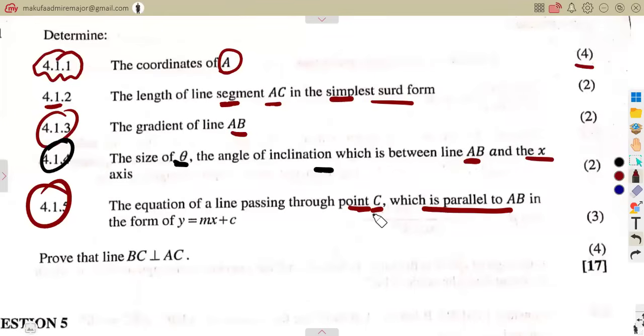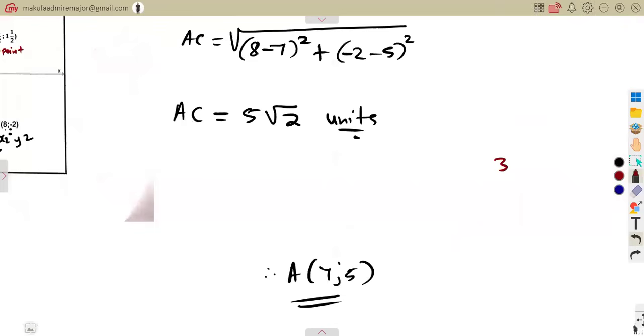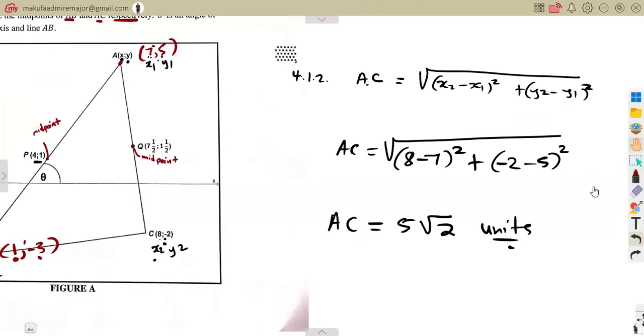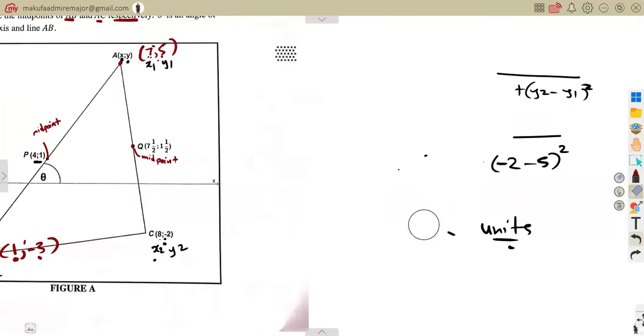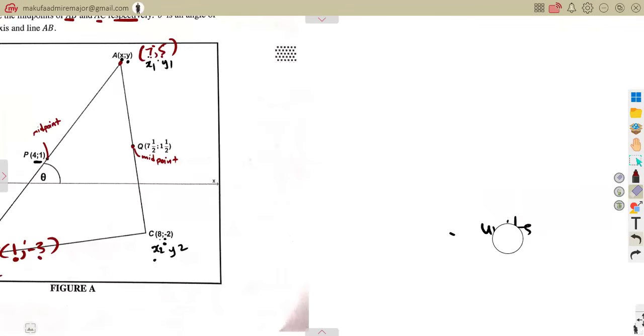So we are told it must pass through the point C and be parallel to AB. These are the two things that we need here. The point C is already given, 8 minus 2.